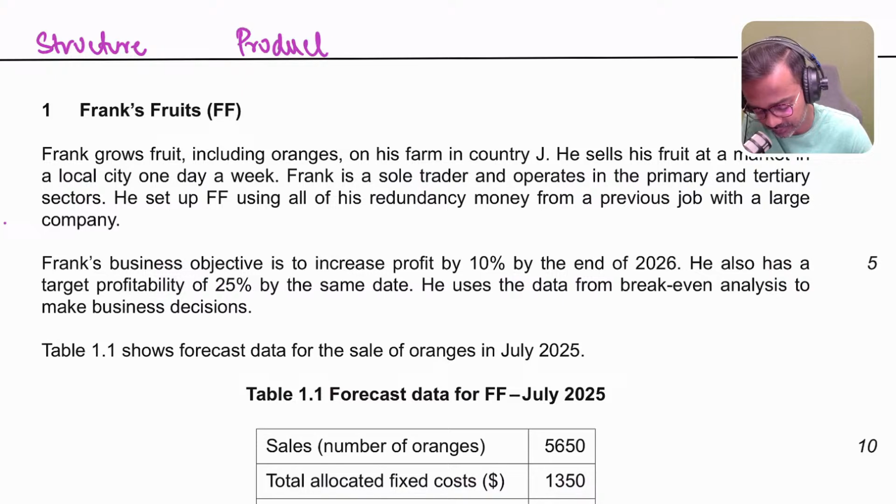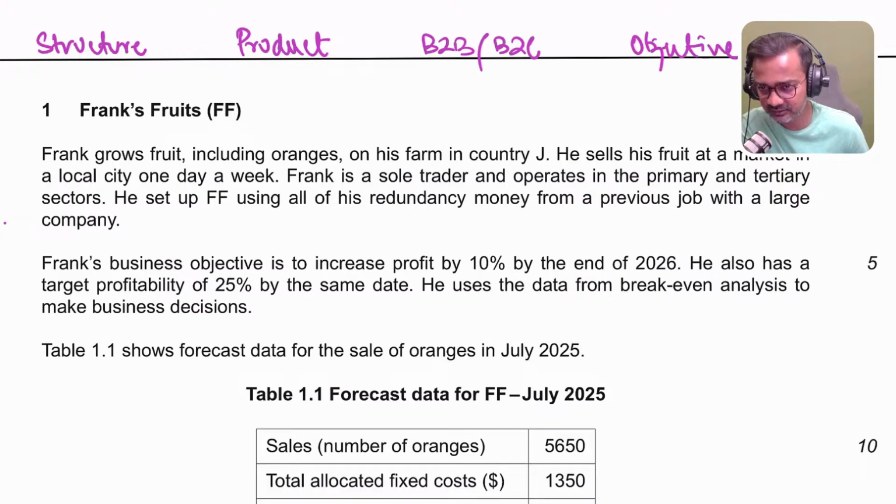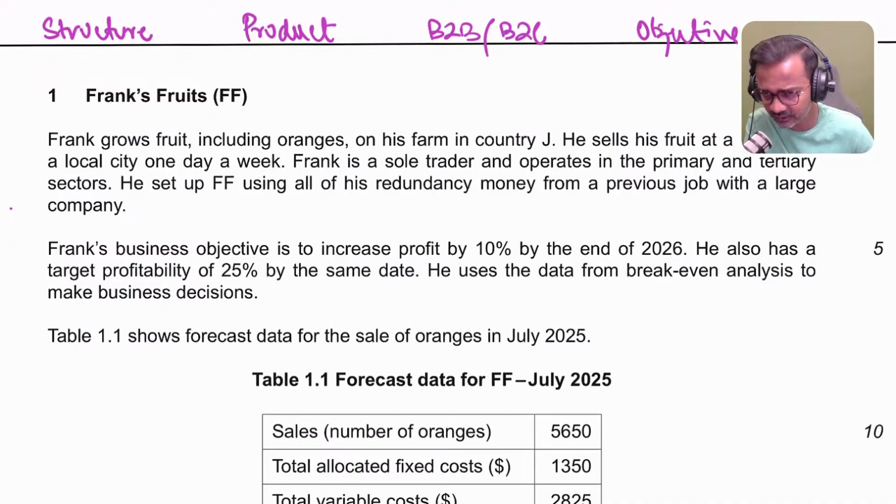Secondly, the product they are selling. Thirdly, their distribution channel, whether they sell B2B or B2C. And lastly, their objective. It is the best way to understand where the business is standing and what they are trying to do in the future. So the moment I see those, I'll highlight it.